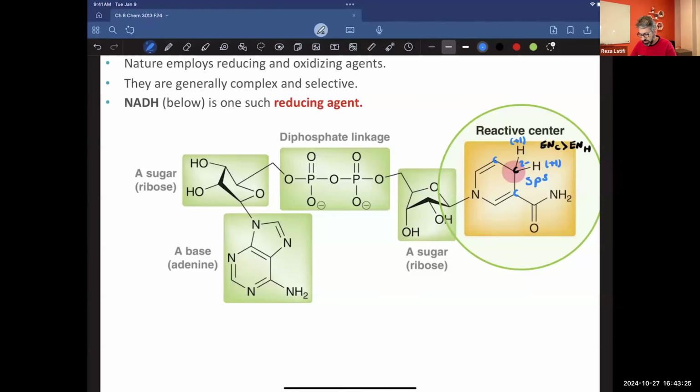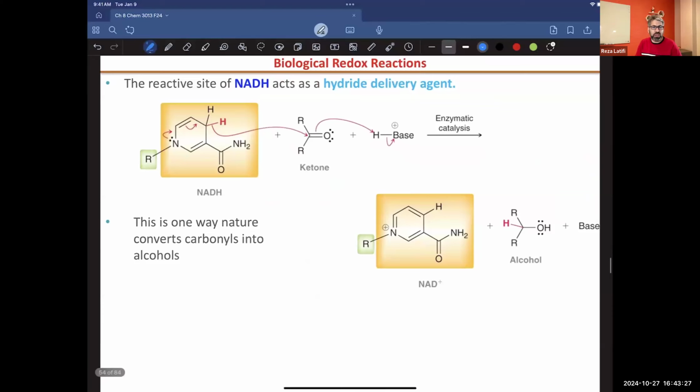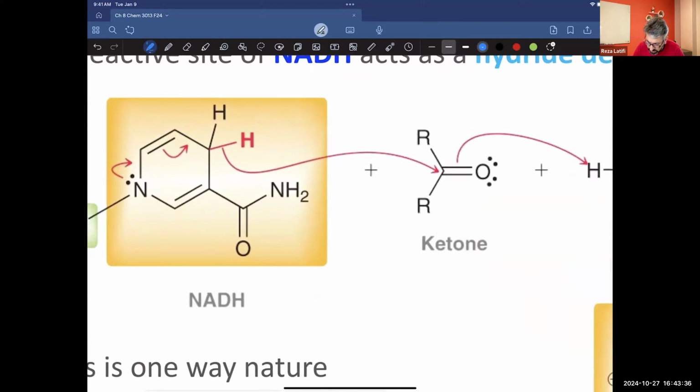NADH, we said, is a good reducing agent. Why is it a good reducing agent? Because it can give this hydrogen to any species that is looking for electrons. If we take that hydrogen with 2 electrons, that's going to be a hydride.